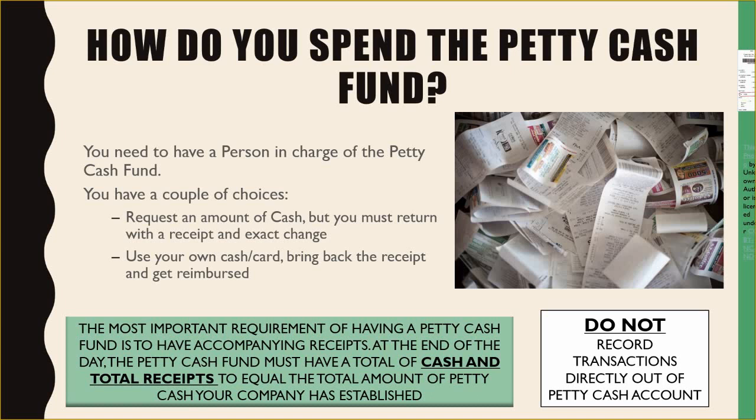Okay? So in this case, yes. The most important requirement of having a petty cash drawer is having the accompanying receipts at the end. It's going to match the total amount that you started out in the petty cash drawer with. Okay, so that's the very most important thing.